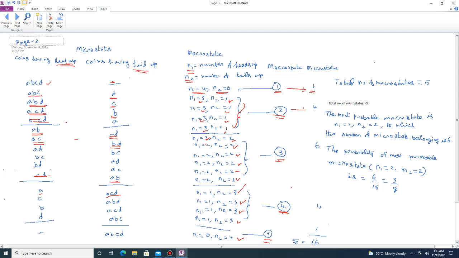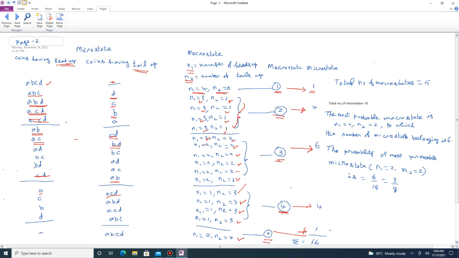There are 4 microstates corresponding to macrostate 2, 6 microstates corresponding to macrostate 3, 4 microstates corresponding to macrostate 4, and 1 microstate corresponding to the last one.